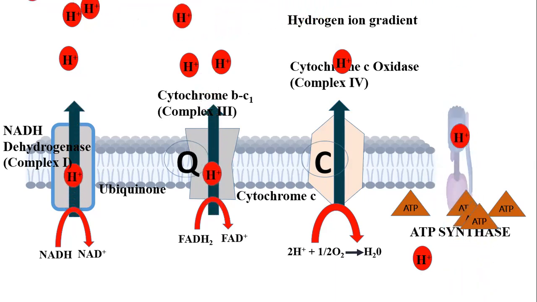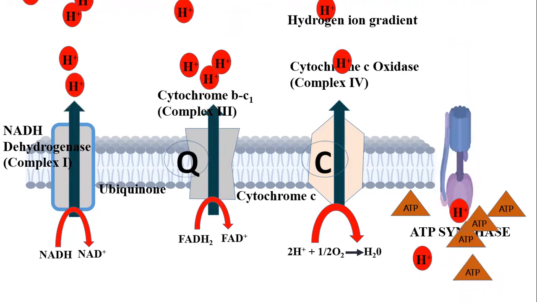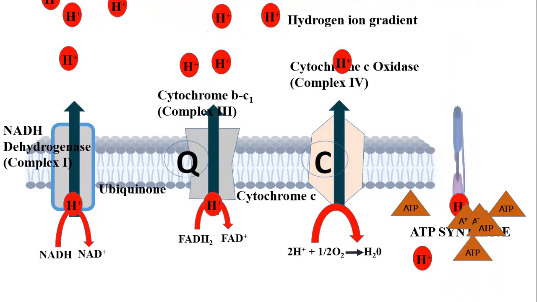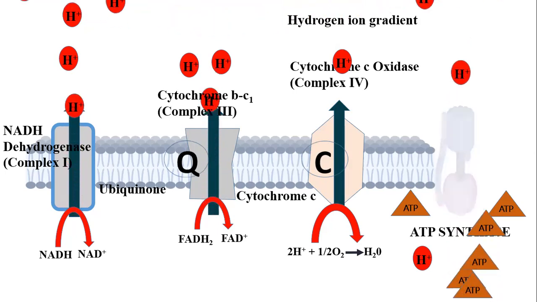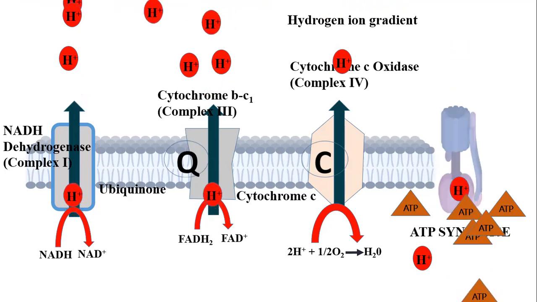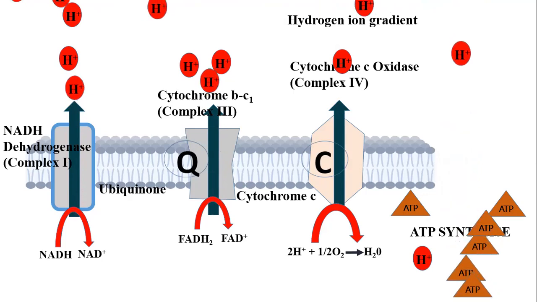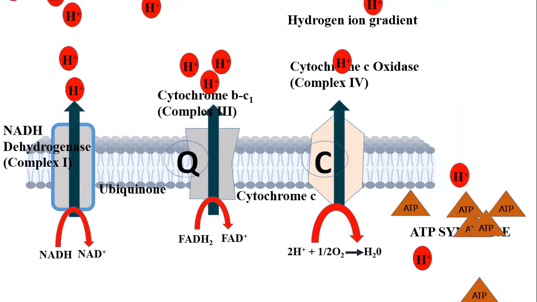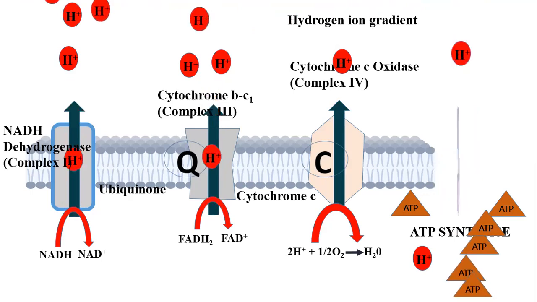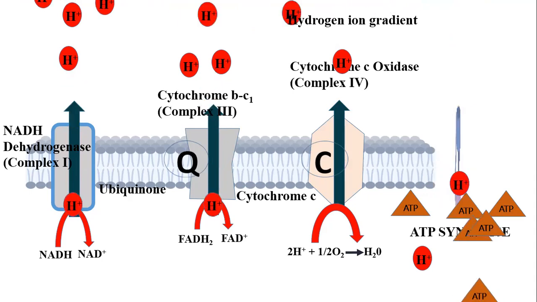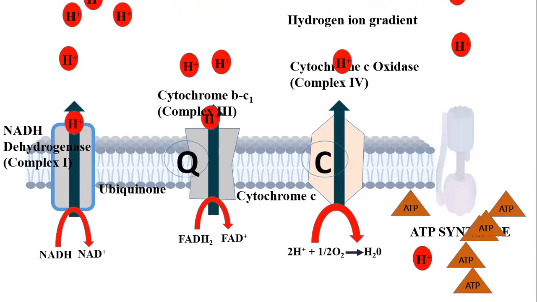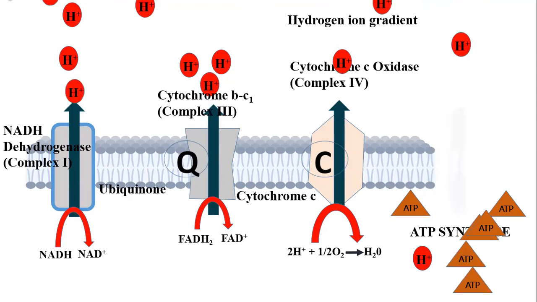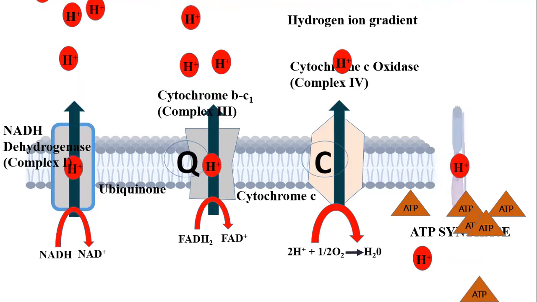So a lot of ATP is now being produced due to the hydrogen ion gradient that has provided the force for the ATP synthase, and all as a result of the hydrogen moving from the matrix to the intermembrane space, and also electron being moved from one complex to the other. This particular reaction is regulated by the cellular energy needs, which goes a long way in regulating and controlling this particular pathway, starting from the electron transport chain down to the oxidative phosphorylation.